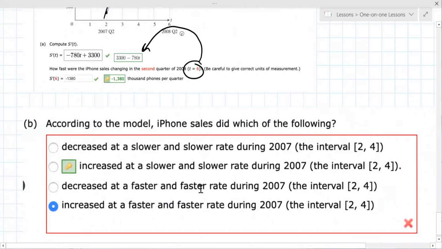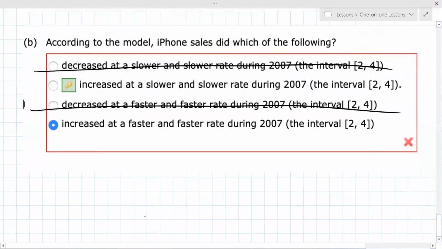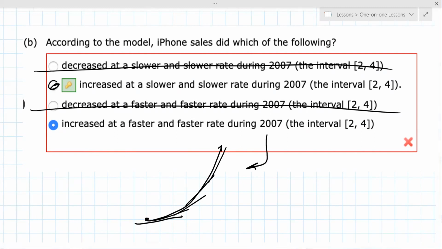So that's why we can get rid of this one and this one, because it doesn't decrease. It is increasing, but what would a faster and faster rate look like? That would be if you had a parabola like that, flat, then a little more, a little more, and so on. Okay, yeah, that makes sense. That's why that one is correct.